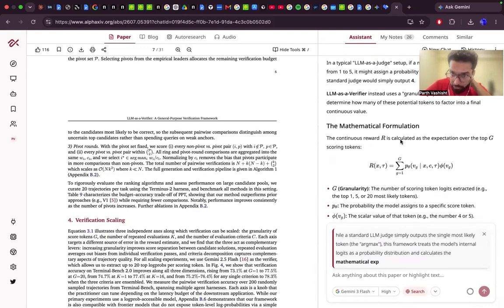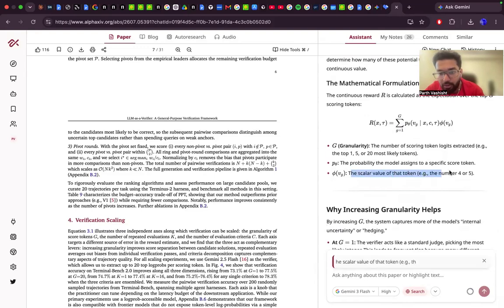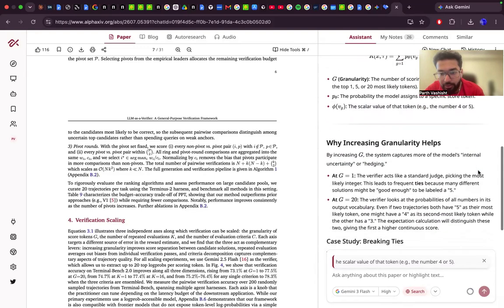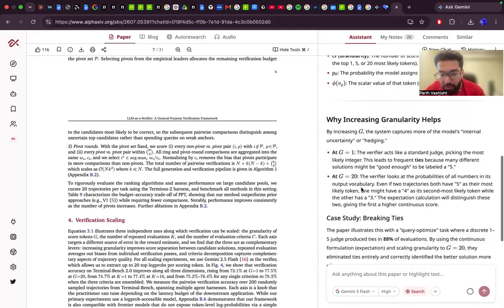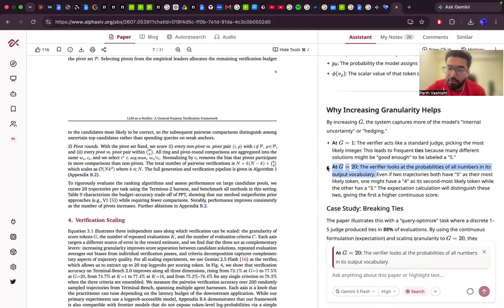So the continuous reward R is calculated as the expectation over the top G score tokens: the probability the model assigned to a specific token score times the scalar value of that token. By increasing G, the system captures more of the model's internal uncertainty or hedging. At G equal to 1, the verifier acts as a standard judge, picking the most likely integer. At G equal to 20, the verifier looks at the probabilities of all the numbers in its output vocabulary.